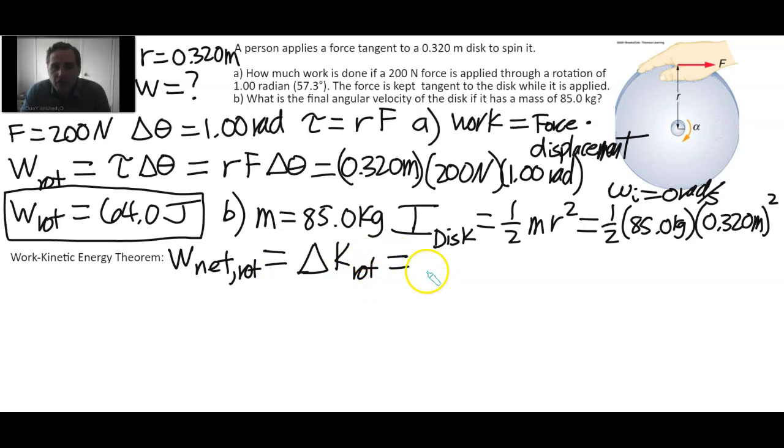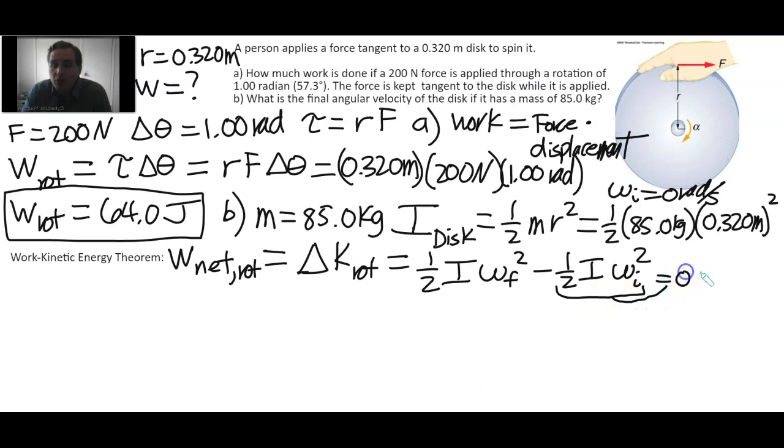So change in rotational kinetic energy should be 1/2 I omega final squared minus 1/2 I omega initial squared, because this is the initial rotational kinetic energy and the final rotational kinetic energy. And this I is the same thing as the I of the disk. It's the moment of inertia. Now, by the way, the initial rotational kinetic energy should equal 0 joules because the initial angular velocity we know to be 0, and so we can just set that equal to 0 joules.